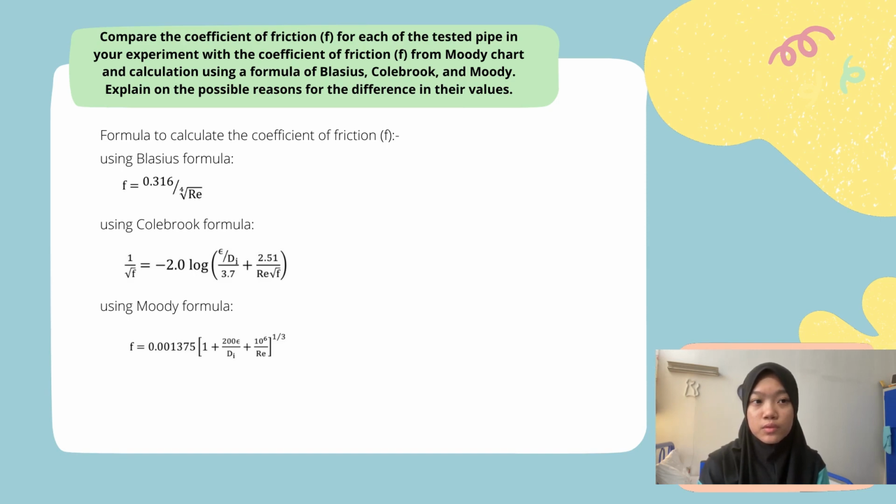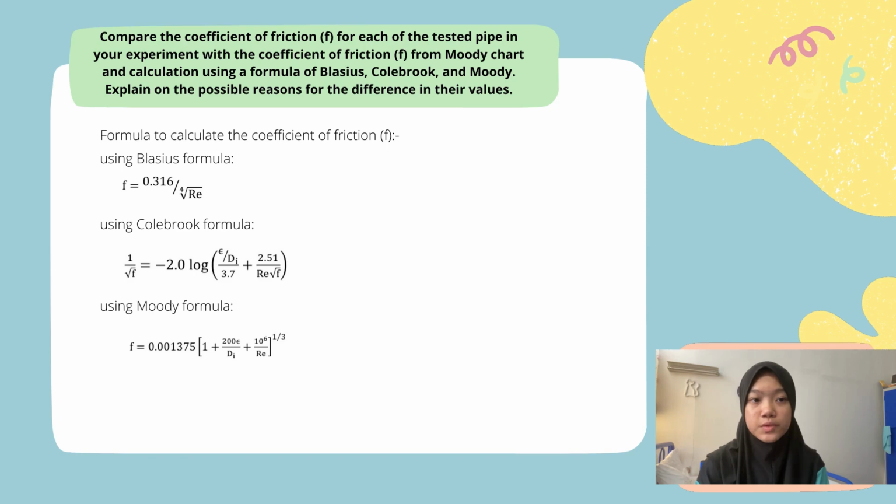If we use Coolbrook formula, 1 over square root F is equal to -2 log, open bracket, relative roughness over internal diameter, over 3.7 plus 2.51 over RE times square root F, close bracket.